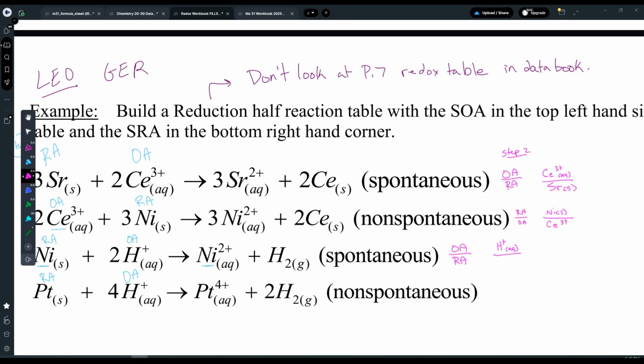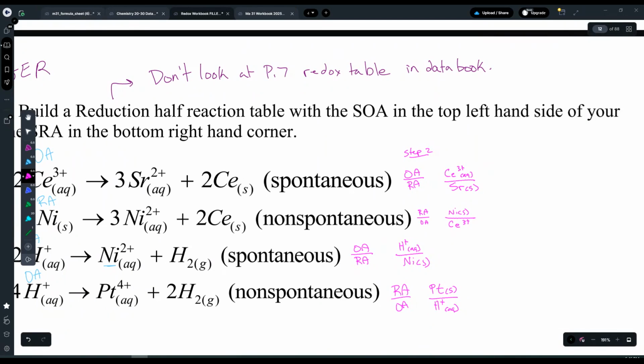My RA was nickel solid. Then for the last reaction, that was non-spontaneous, so the RA was above the OA. So my RA is platinum, and my OA is hydrogen. Okay, so why am I making all of these notes? These are all very important background notes to help us figure out the order of everything.